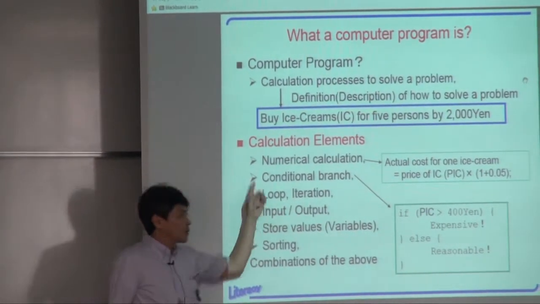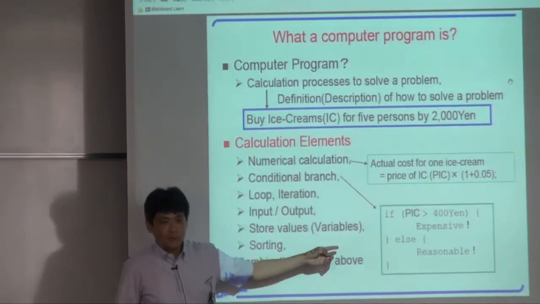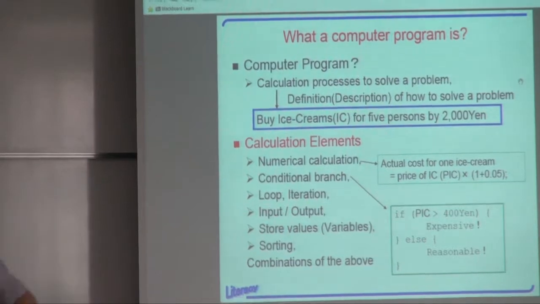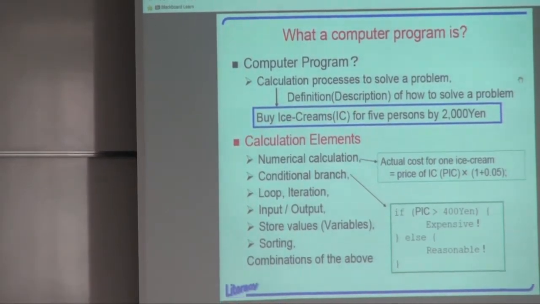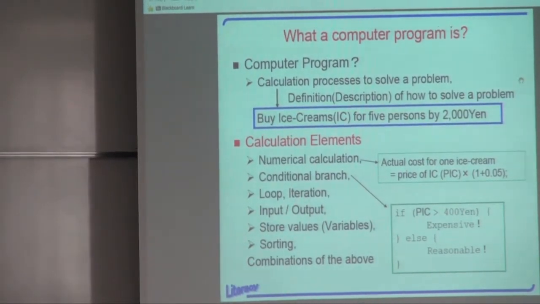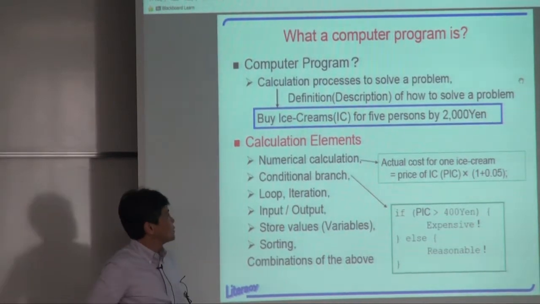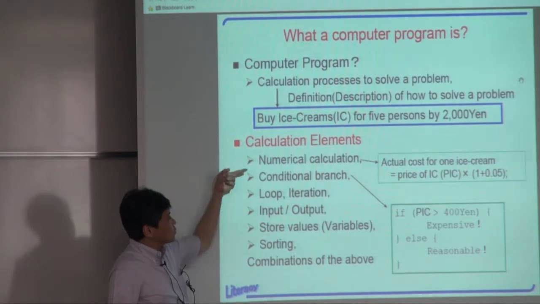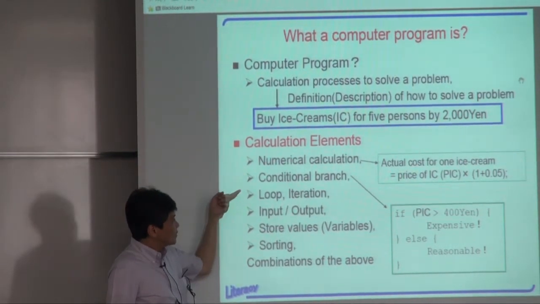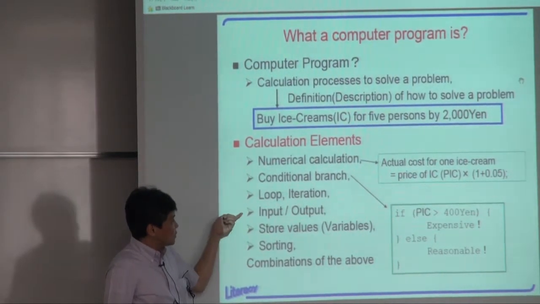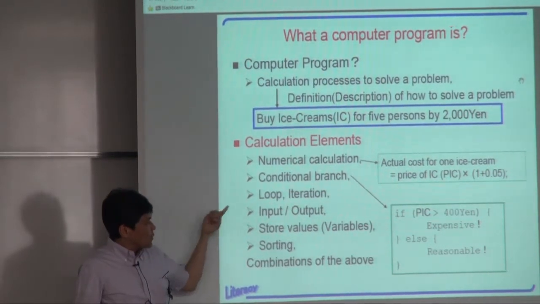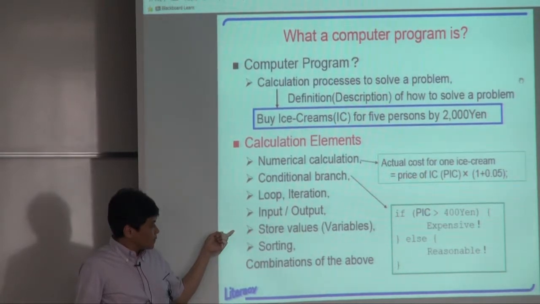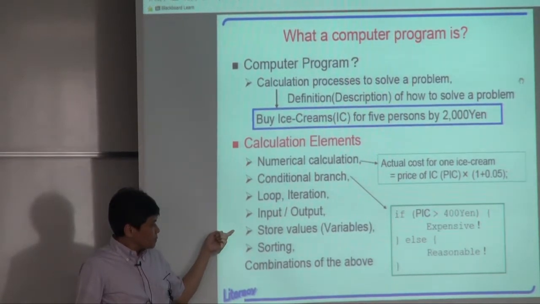So using a C program like this, you can solve this problem. In C, there are some calculation elements: numerical calculation, conditional branches, loops and iteration, input-output functionality, and storing variables in arrays.